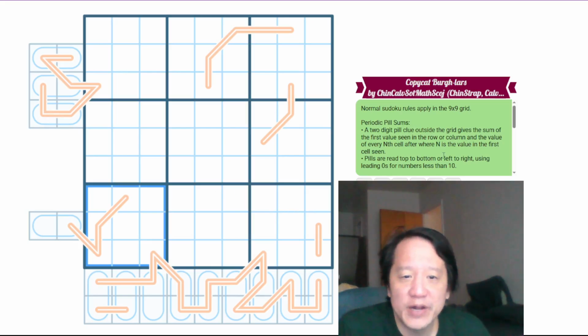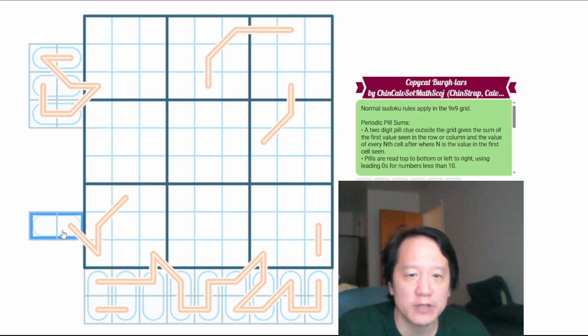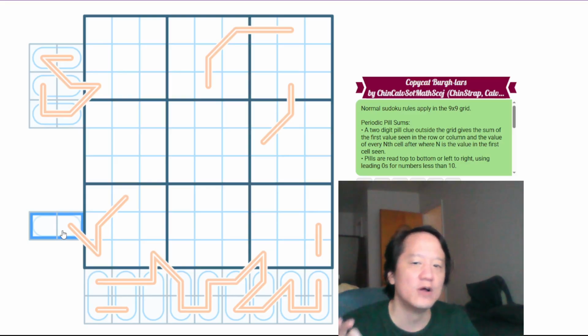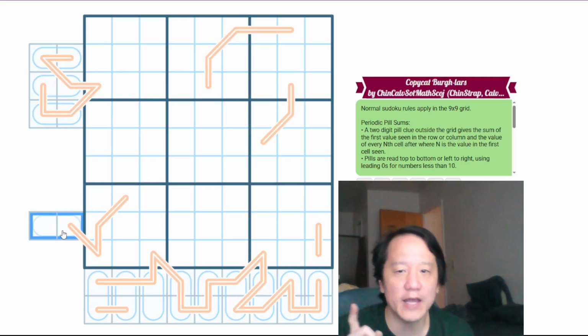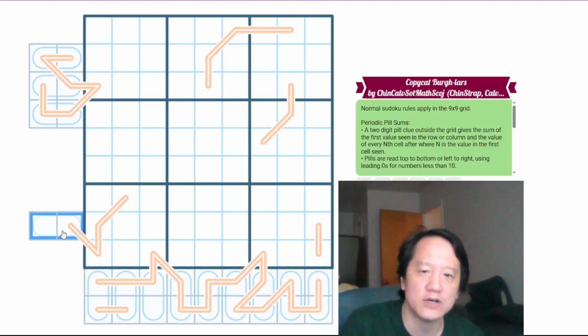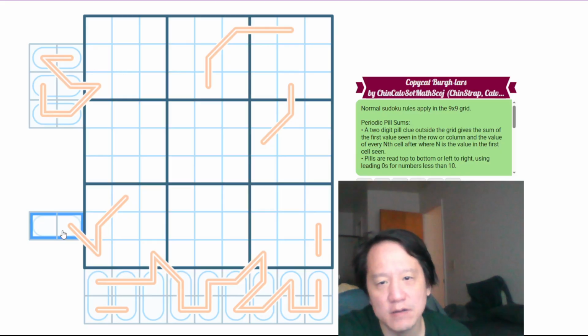We have periodic pill sums, where a 2-digit pill clue outside the grid gives the sum of the first value seen in the row or column and the value of every nth cell after, where n is the value in the first cell seen.